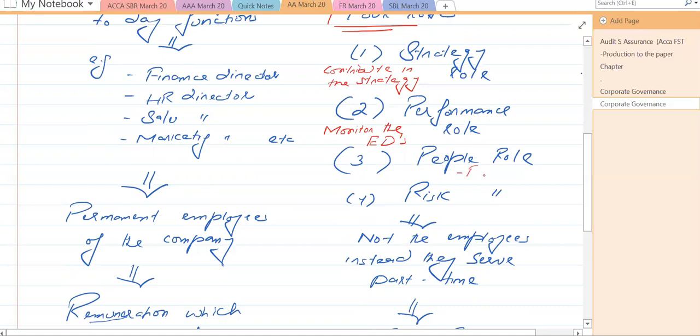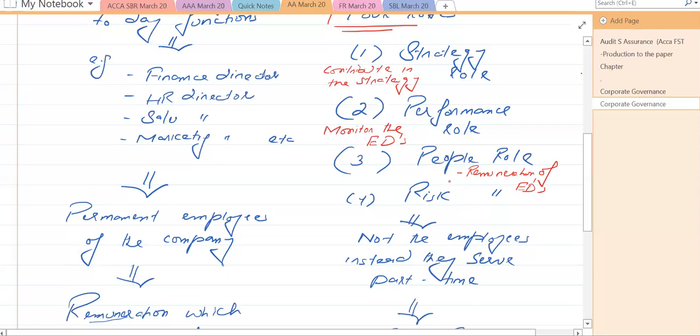People role means remuneration of EDs: the NEDs decide the remuneration of the executive directors. Sorry for my cough, sorry in advance, I cannot do anything regarding this.